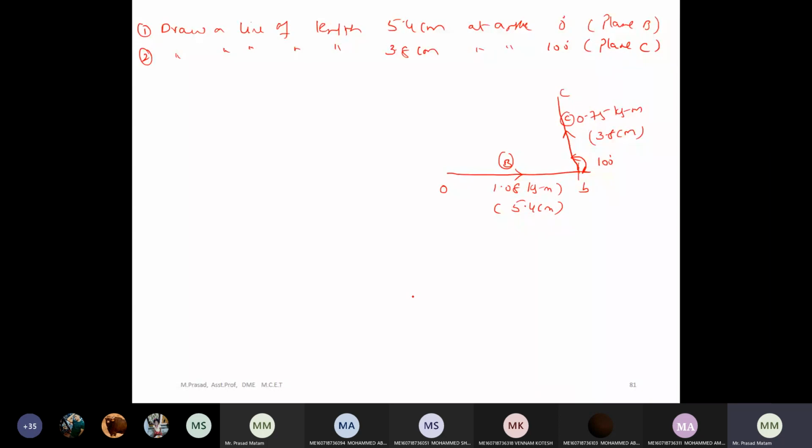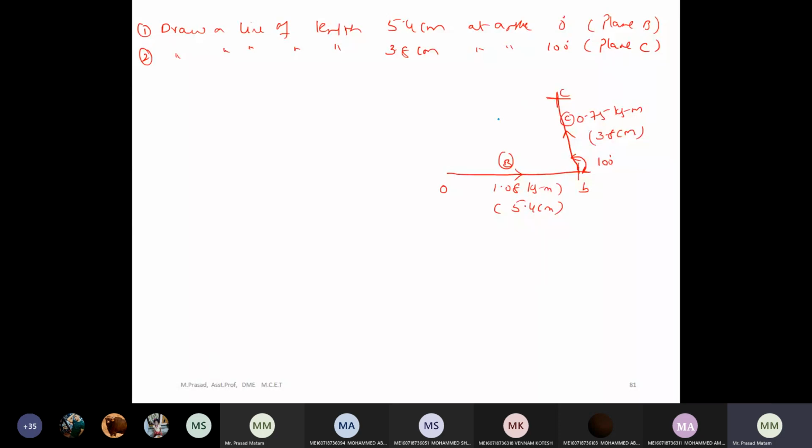Next, we know the angle made by plane A. Now take C as the reference point. Got it? Why am I taking this plus sign? Now this is my reference point. This makes an angle of 180 degrees. So from here downwards, draw a line up to some distance x length, making an angle of 10 degrees. Just let me show with a different color.